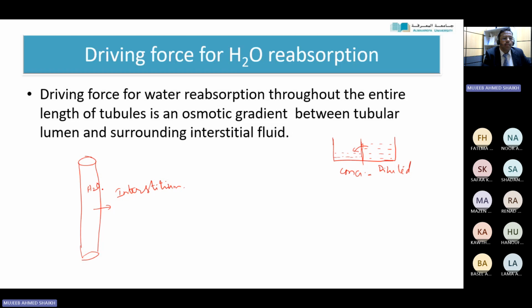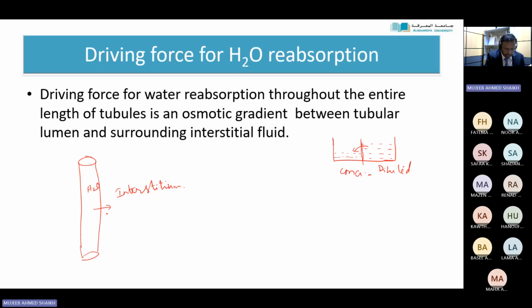So for that, if we want to create in the medulla a hyperosmotic gradient, there should be some difference made between the tubular fluid and the interstitium. The tubular fluid is also an extracellular fluid and interstitial fluid is also extracellular fluid.